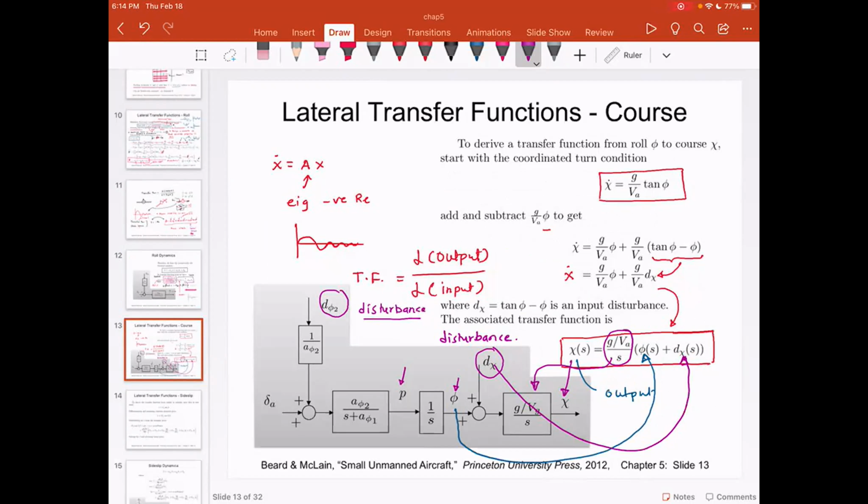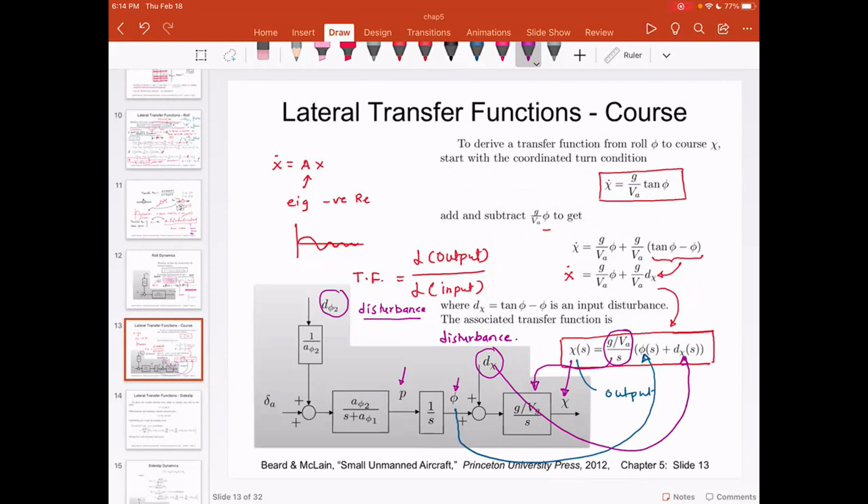But delta A, the deflection of the aileron, is a control input. So this is the input, this is the output, and this is a very classic linear transfer function that we studied in Robotics 1, wherein you have an input and a transfer function. That transfer function takes the input and changes it into output.